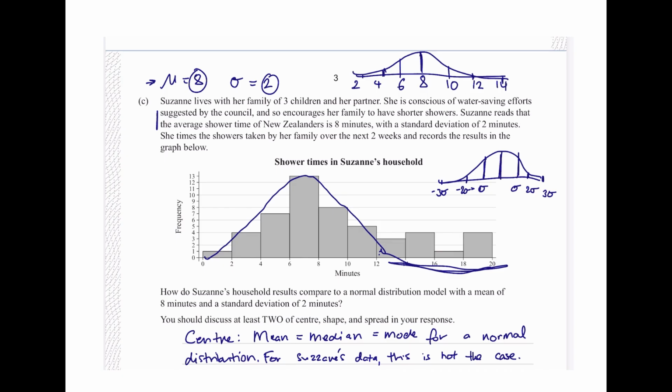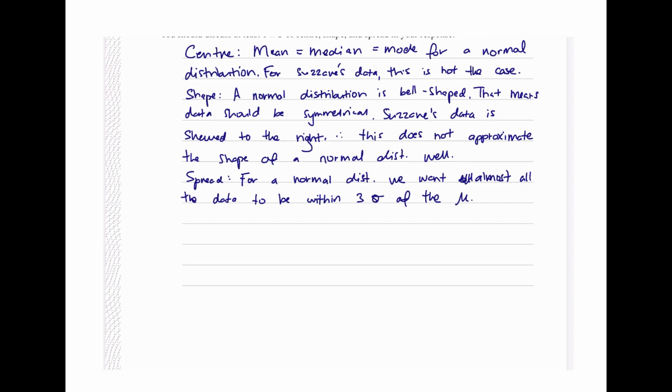But if we look at the range for this frequency data, we've got 0 and 20. So actually, all of our data is not contained within 3 standard deviations, which is not good. So let's say that Suzanne's data ranges from 0 to 20 minutes.